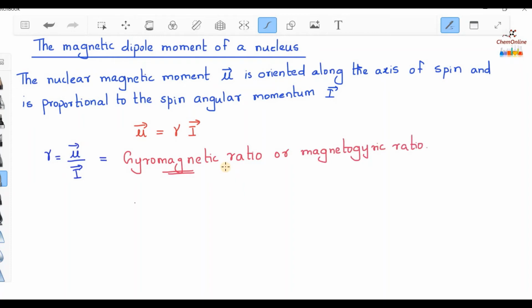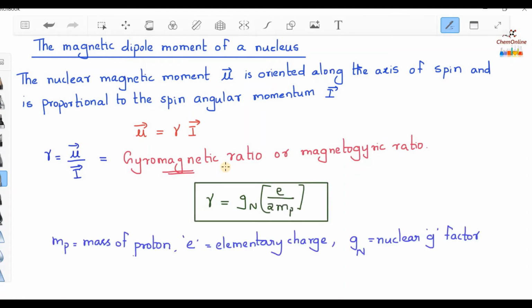Now this gyromagnetic ratio is a characteristic quantity of a nucleus, and it is given by gamma equals Gn times e by 2mp, where mp is the mass of the proton, e is the elementary charge, and Gn is another constant called the nuclear g factor.